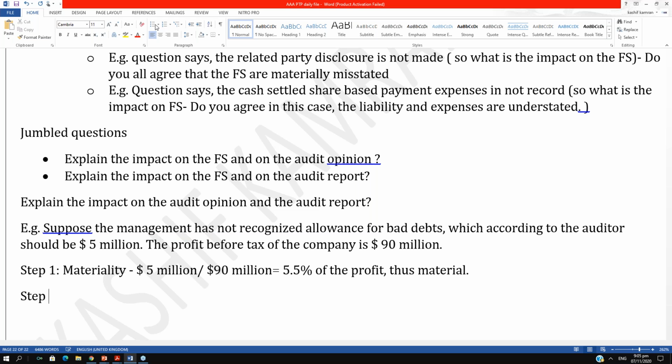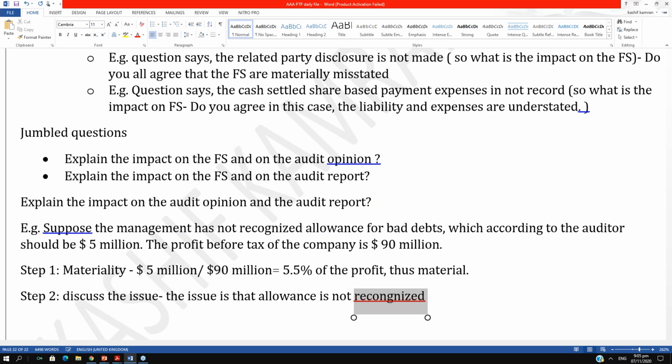Step 2, discuss the issue. The issue is that the allowance is not recognized.